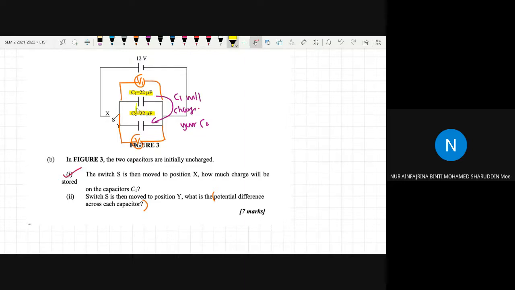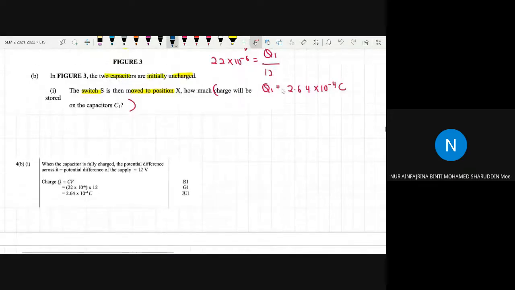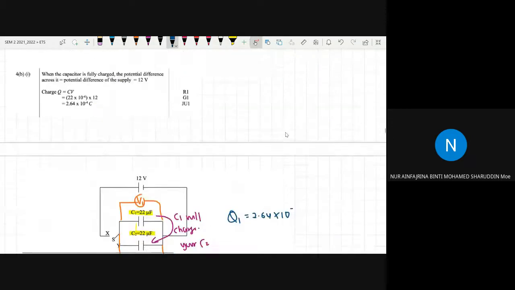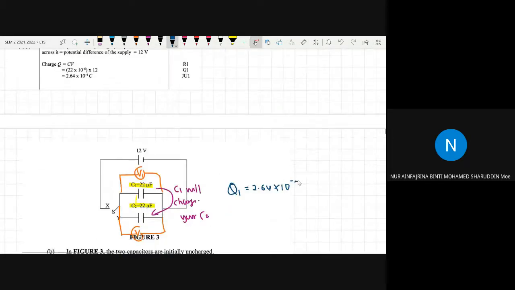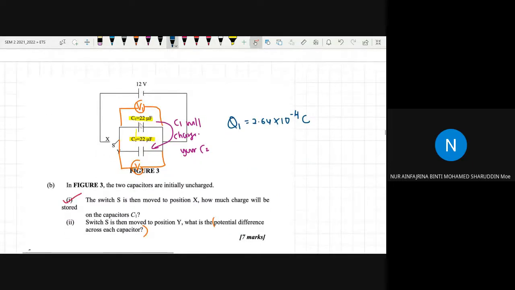Disebabkan dua-dua kapasitor ni adalah sama, charge dia sekarang akan dibahagi sahaja. Okay, so maksudnya tadi kita tahu Q1 dia adalah 2.64 times 10 to power of negative 4 Coulomb.